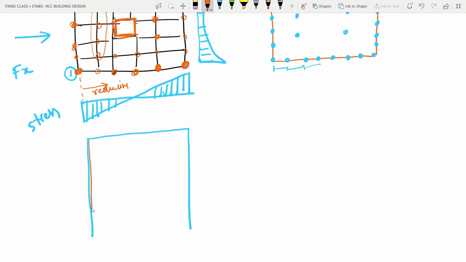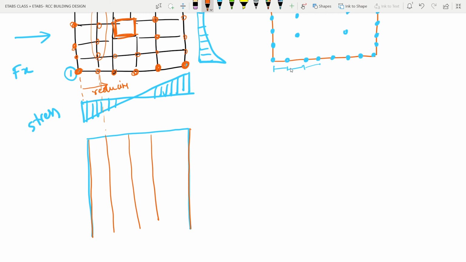I'm just drawing here, this column and this column will be subjected to higher stress. And in between also we are having these internal columns, here also we are having closely spaced columns and creating the frames.